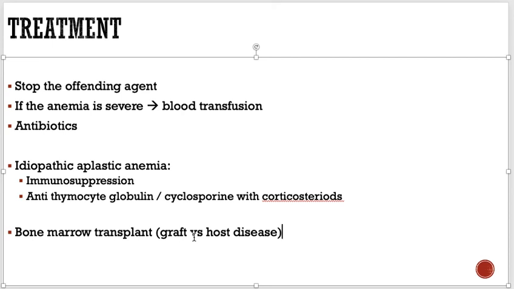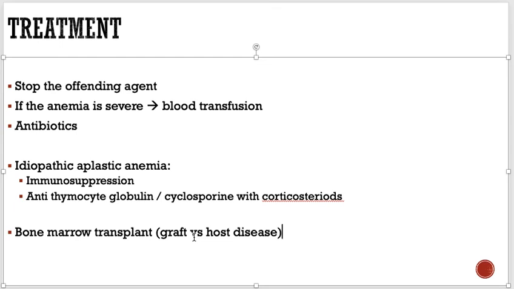Because we want to suppress their immunity. If we do not suppress their immunity, their immune cells are going to destroy that kidney. So in this one, because we are giving someone's bone marrow, that bone marrow can make cells which can damage all the receiver's body tissues. The condition can become more serious.